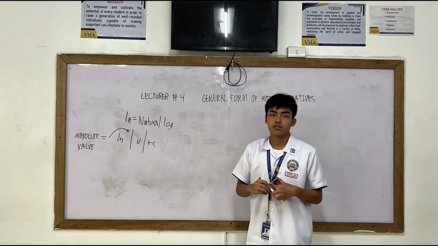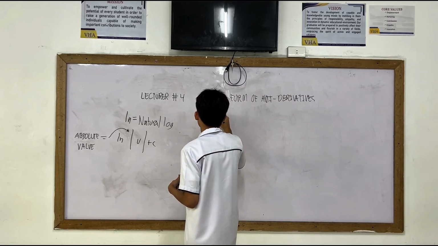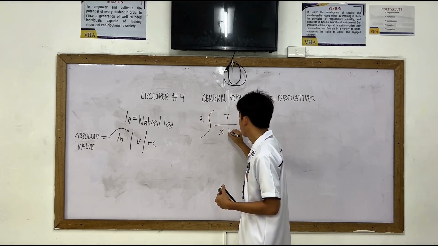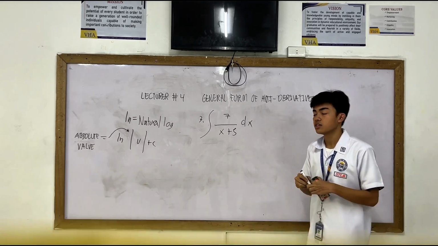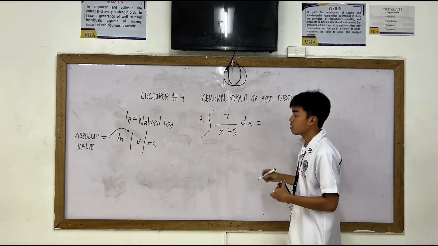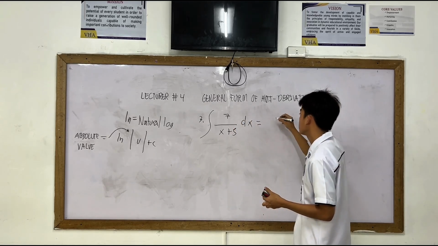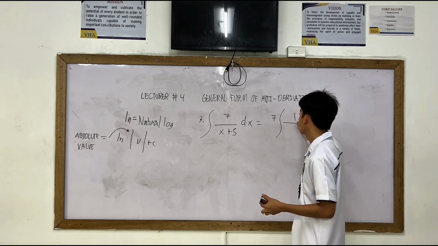Now, let's head on to number 3. Now there is a number, as you can see. So what we're going to do is put the number outside, so that it appears as 1.